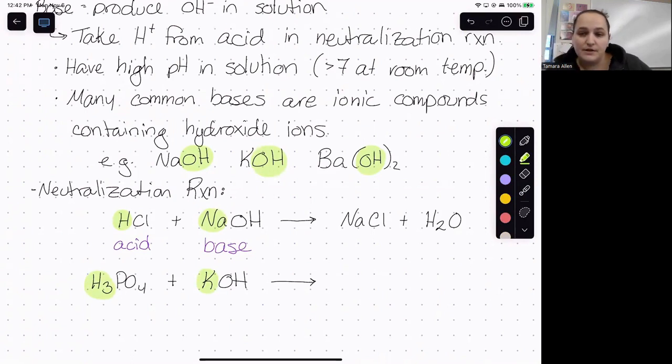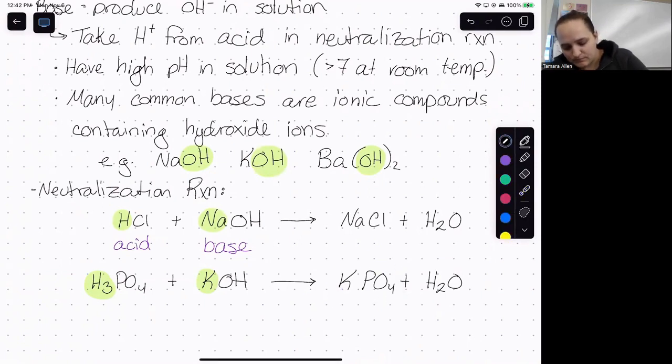So when our hydrogens and our potassium swap partners, I'm going to end up with the potassium paired with the phosphate, and I'm still going to get water as one of my products, but we need to make sure that everything is neutrally charged here. So water is good to go.